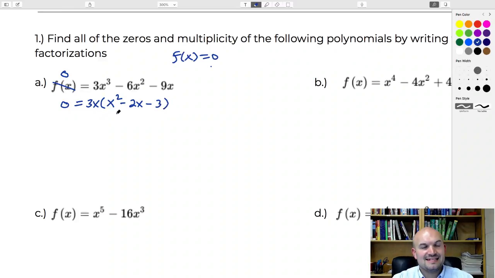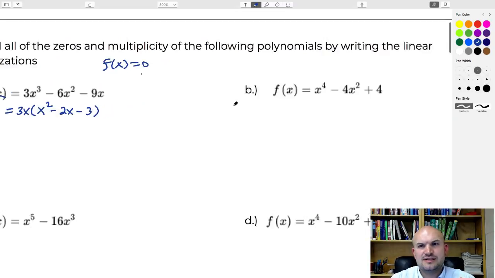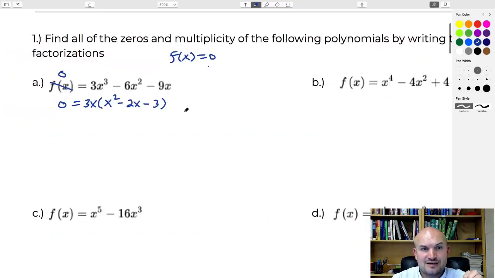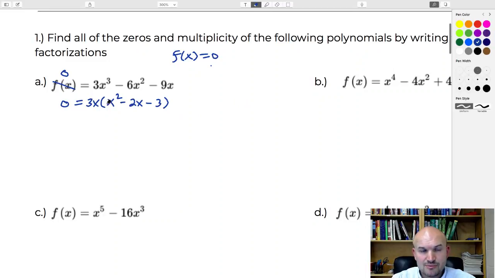Now, I also said to write this as a linear factorization. Right now we have factored this, but we want to factor it further so every factor is to the first power. You can see here this is a quadratic factor, and we want to factor it down. So we have a trinomial, and we want to find 2 numbers that multiply to give negative 3 and add to give negative 2.